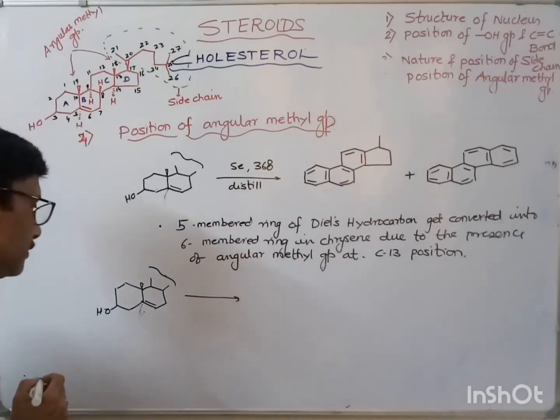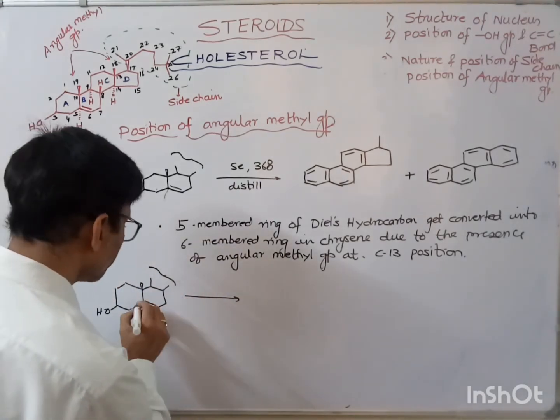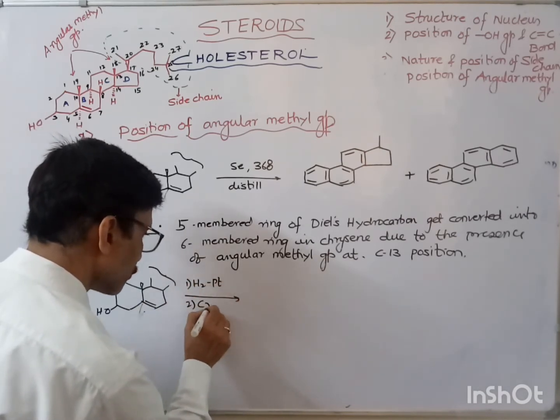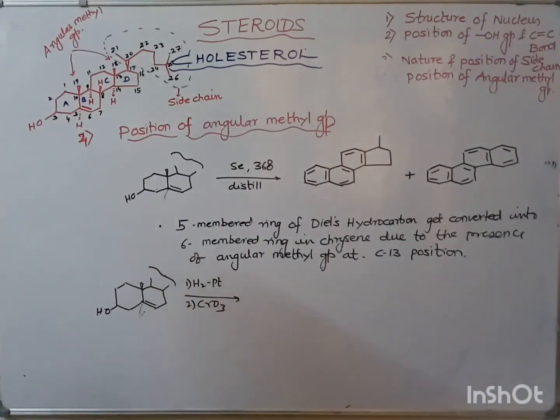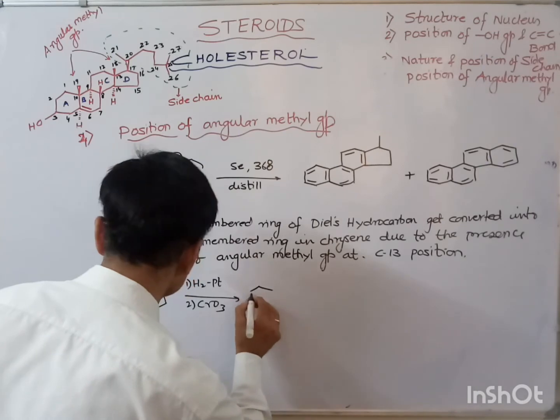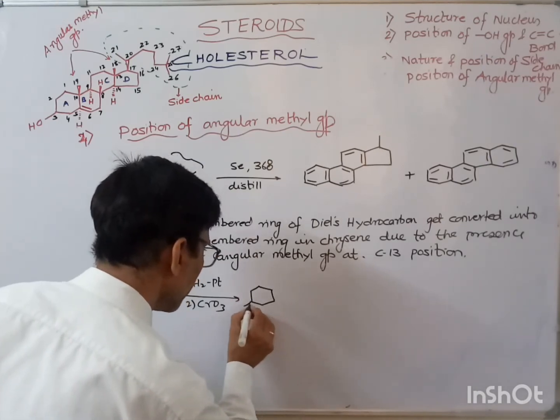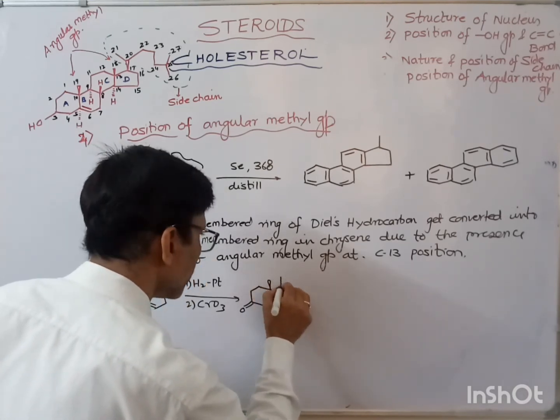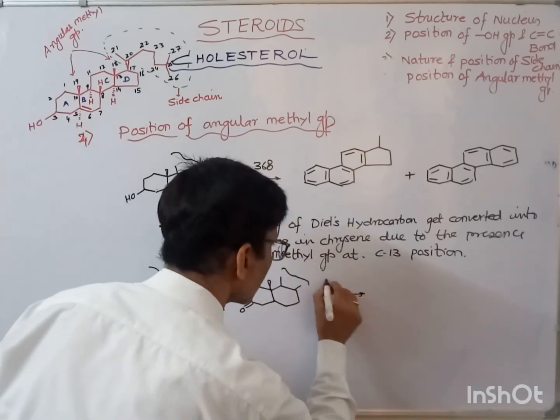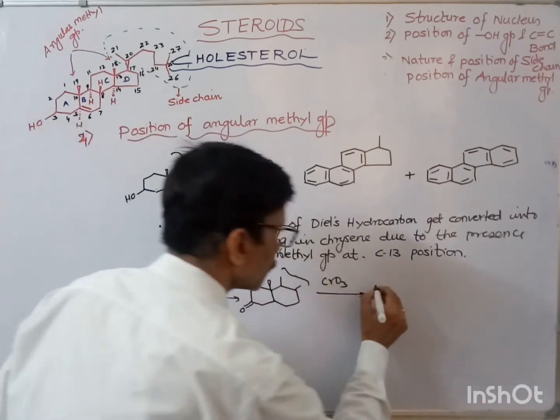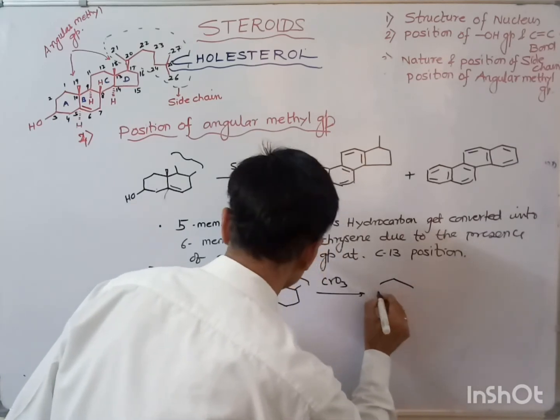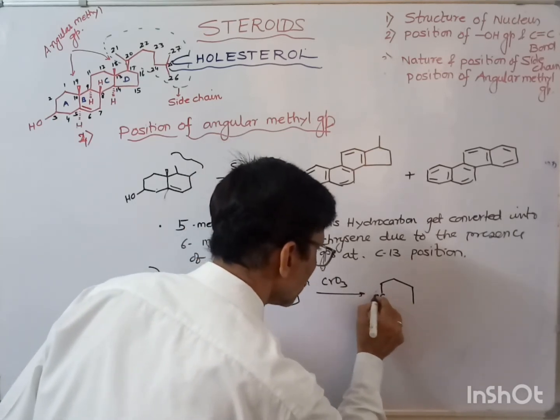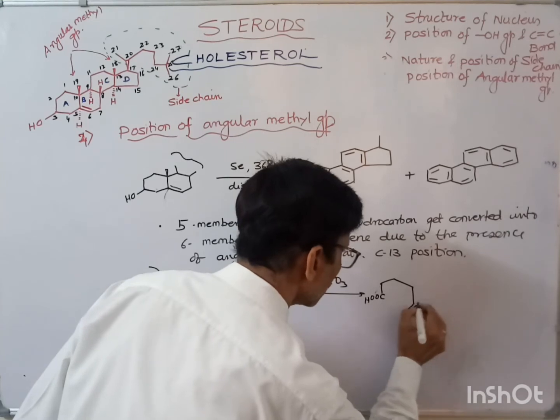When cholesterol was treated with H2/Pt and then chromium oxide oxidation, we get the double bond, with one of the angular methyl groups here, and further chromium oxide oxidation gives a COOH group and a keto group.